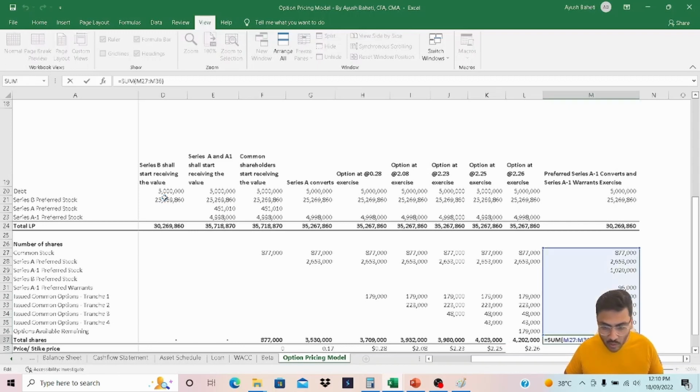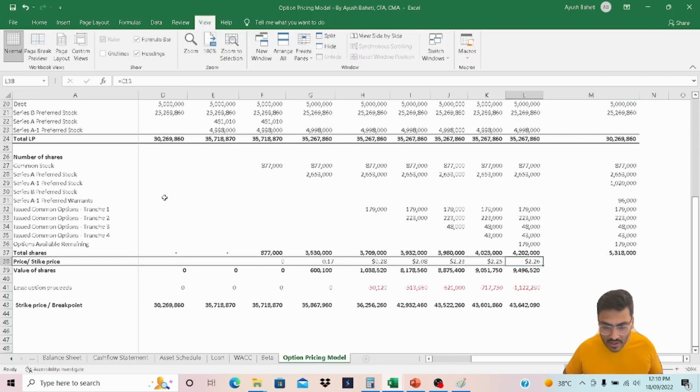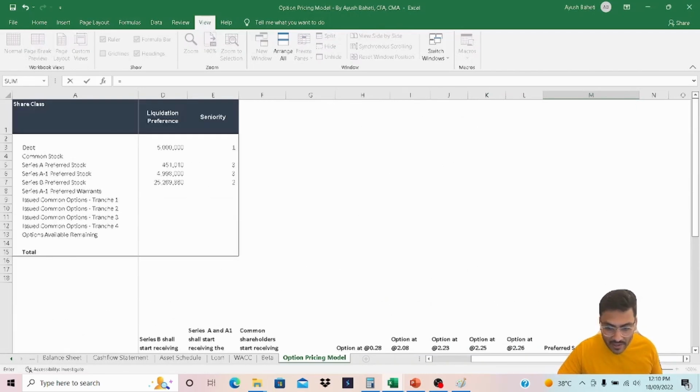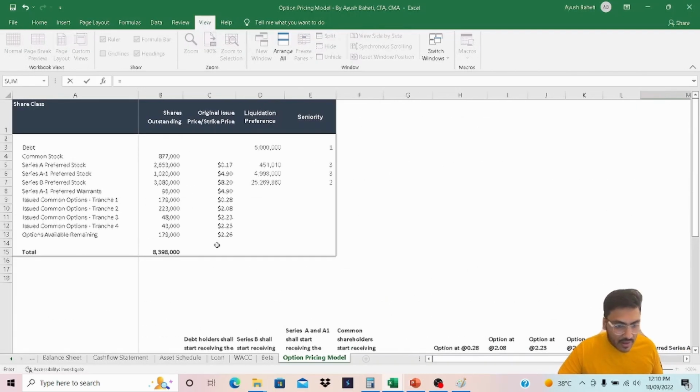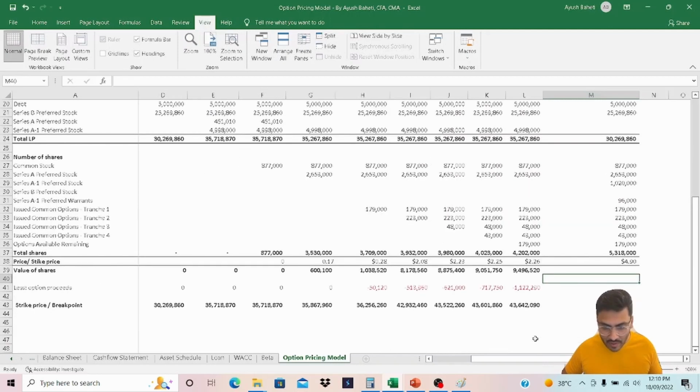So this will be the total number of shares. And at this stage, the strike price is the price at which A1 and A1 warrant are converting, which is 4.9. So this is the total value of shares.